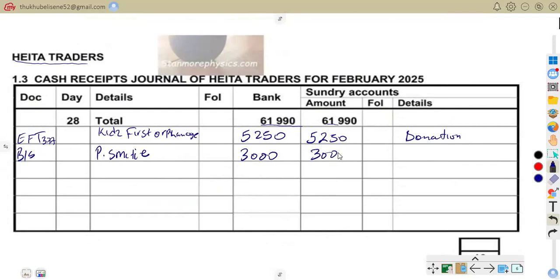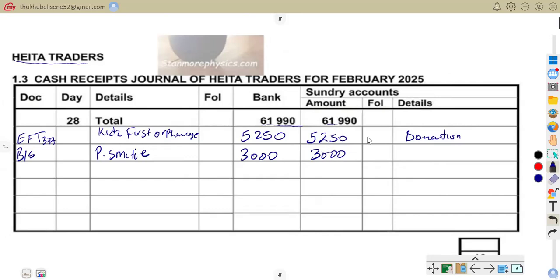Then it goes into sundry accounts. We are recording it under sundry accounts because we don't have the account in our answer book. The cash receipt journal only has the bank account, so there are no other accounts given here. In such a situation, we use sundry accounts.